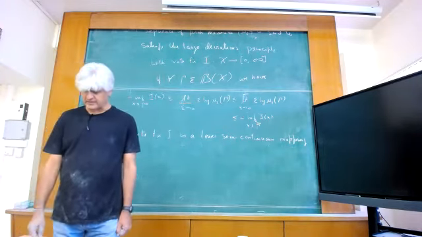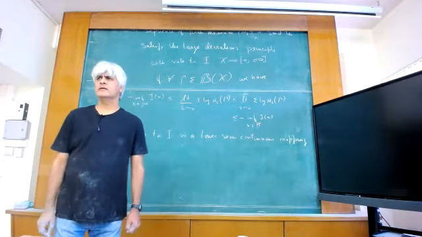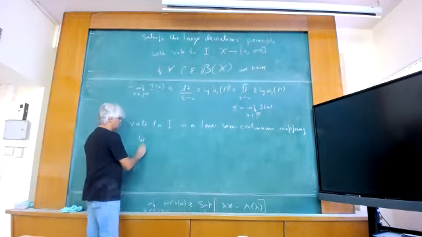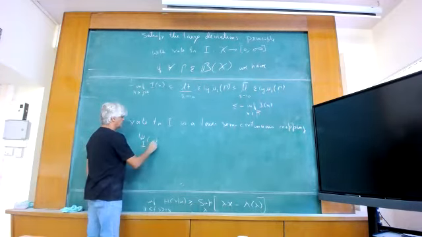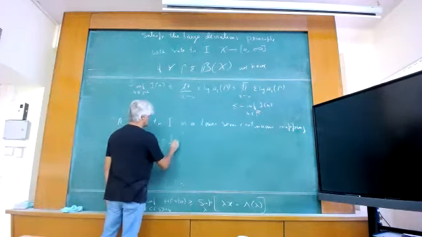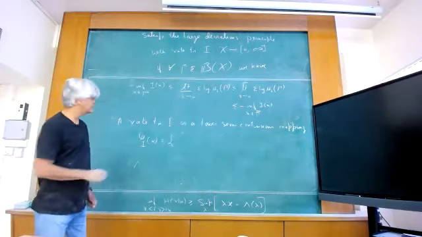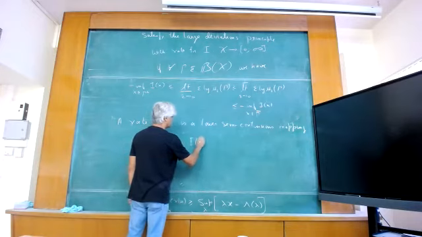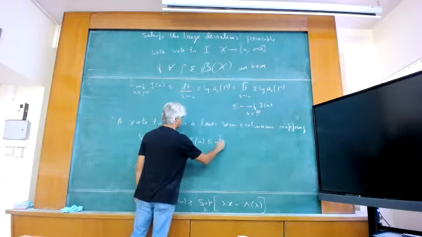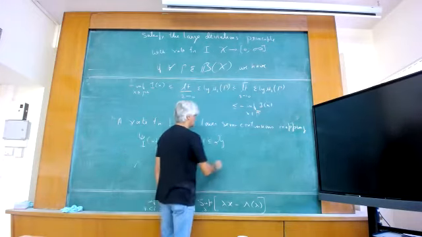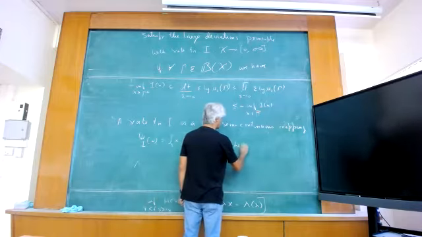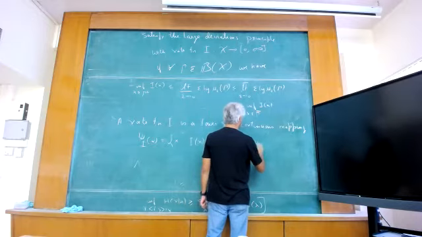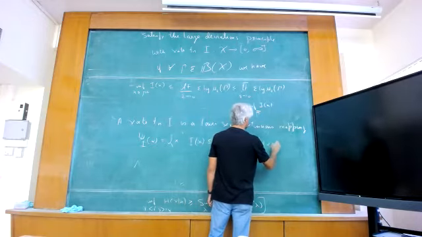Another thing is that the level sets are closed: if psi_I of alpha is the set of x such that I of x is less than or equal to alpha, then it is closed.